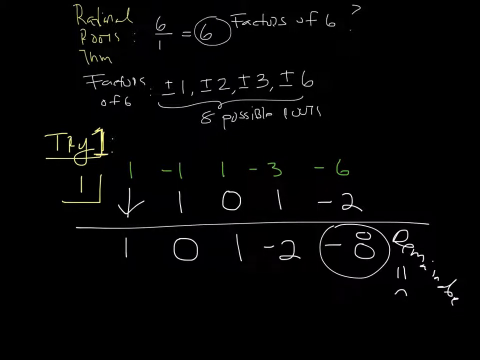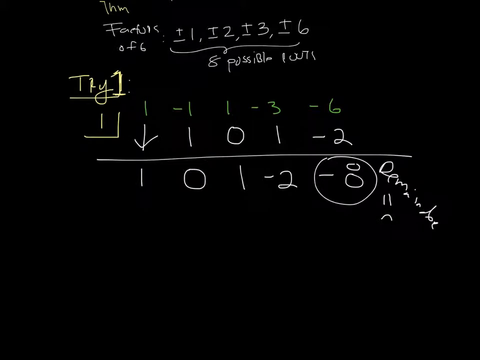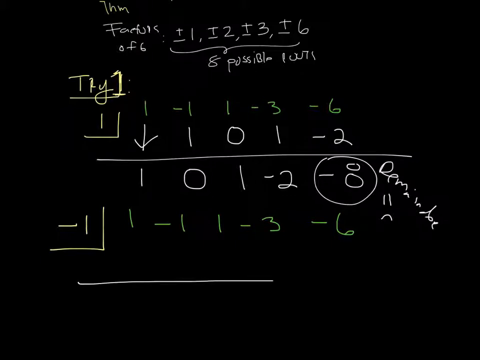That just means it's not going to be 1. So it's not 1. Well, let's try -1. So -1, and again, 1, -1, 1, -3, -6. And again, drop down that 1. 1 times -1 is -1.